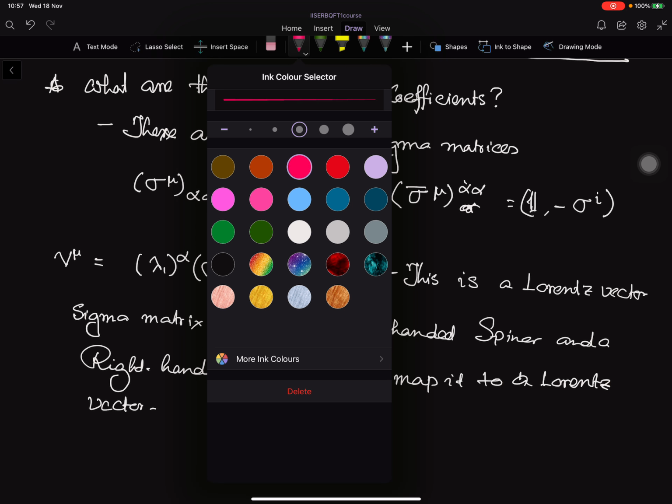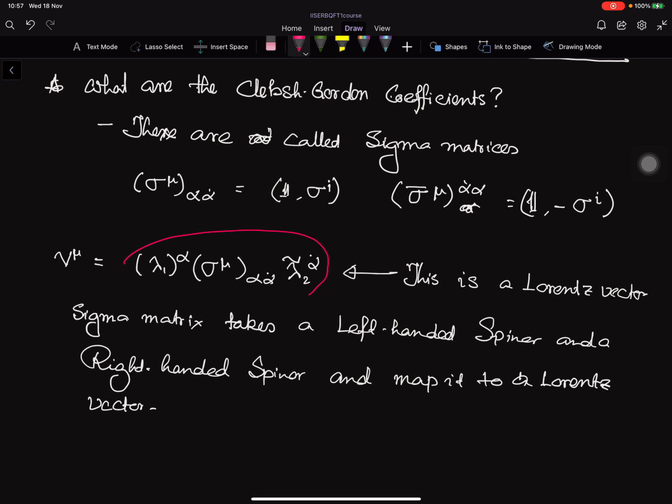So let's use our notation. In our angle and square bracket notation, this thing simply becomes square bracket lambda 1 sigma^mu angle bracket lambda 2.